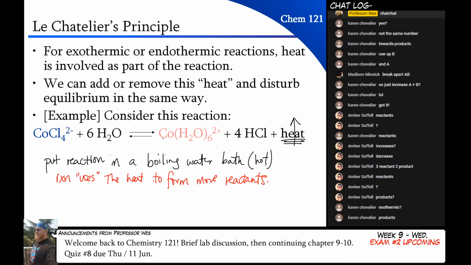Now, what would happen if I put it in a cold bath instead? If instead of putting it in hot water, I put it in cold water. And so now there is a lot less heat. Keep in mind, these arrows are just showing how the amounts are affected and not the direction of the seesaw, if you're thinking of the seesaw example from before.